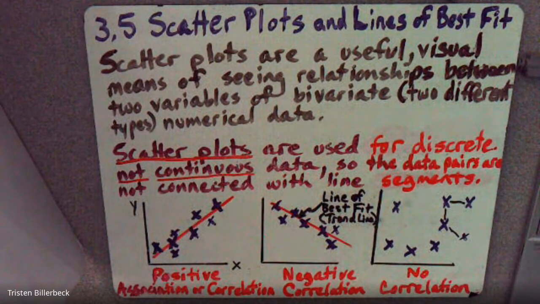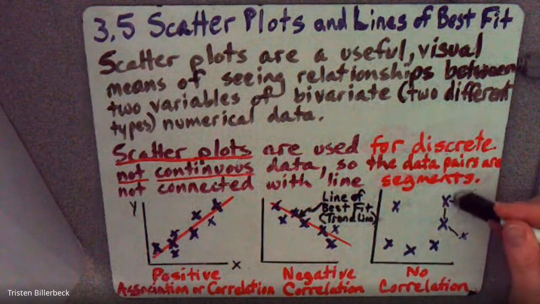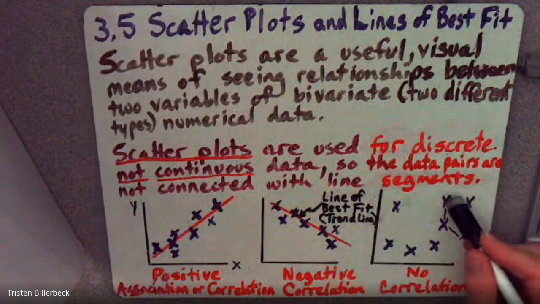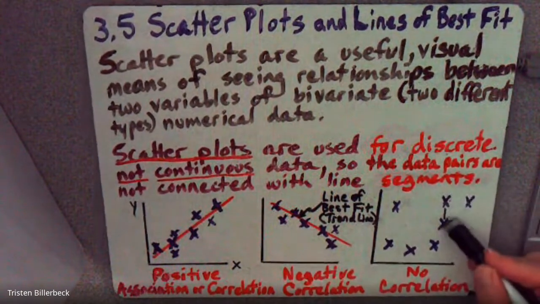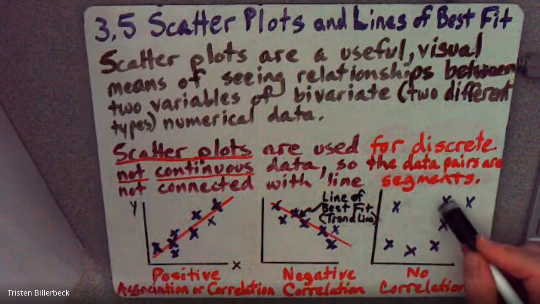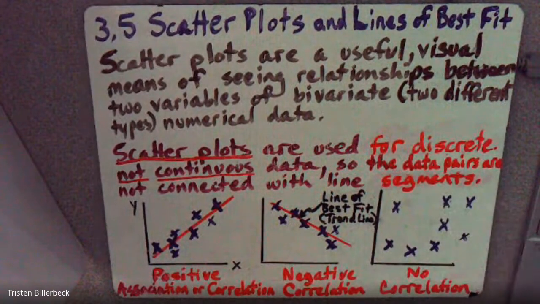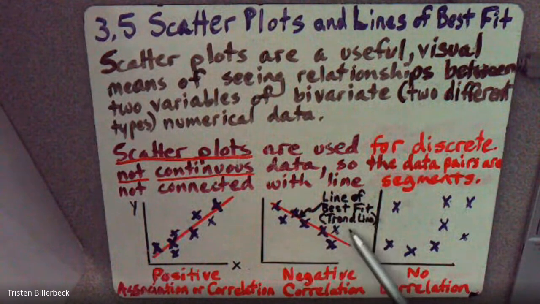Instead, what we're going to do is try to find a line of best fit. For a line of best fit, we would have something that looks like this. This is a line of best fit or a trend line.